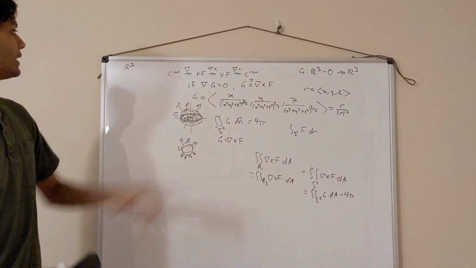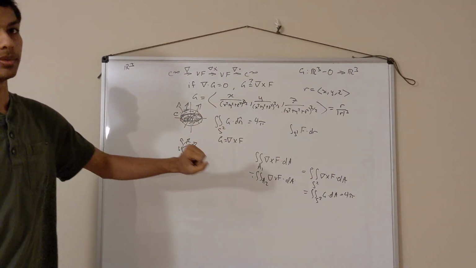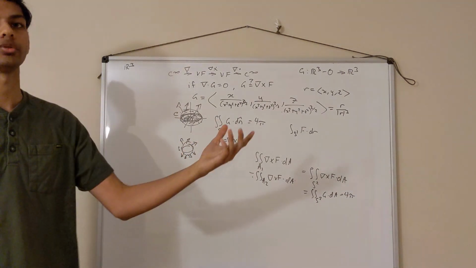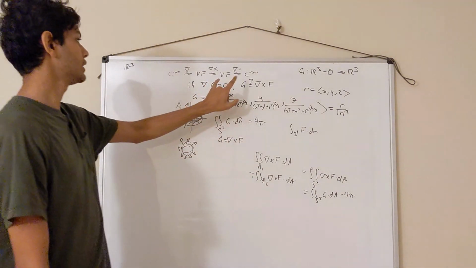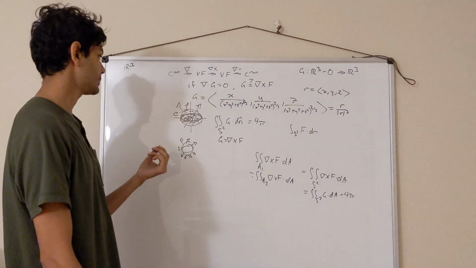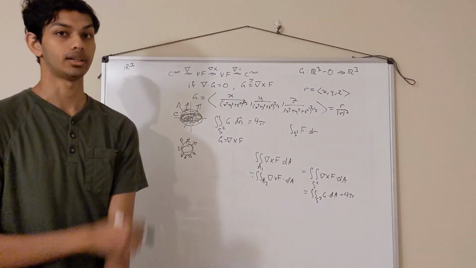So you take some point on R3 minus the origin, and the vector field is only defined on those points. Here we see that if you have something which has zero curl but is not the gradient of something, then that represents one-dimensional holes, like we saw with the z-axis. But if you have something which has zero divergence but isn't the curl of something, then that represents a zero-dimensional hole, like the origin over here, where G is not defined.